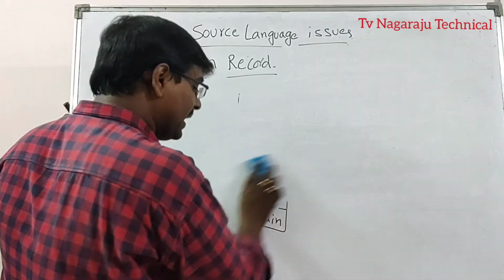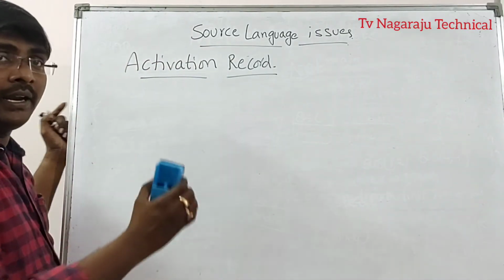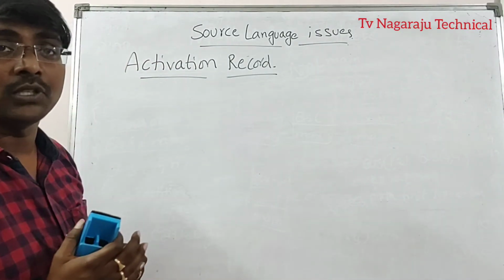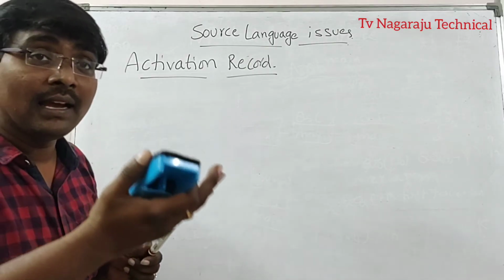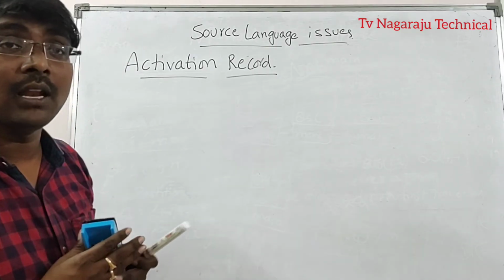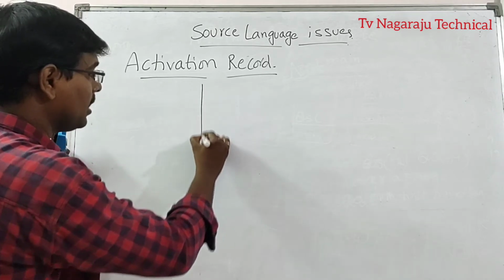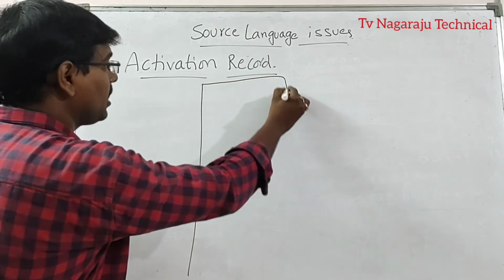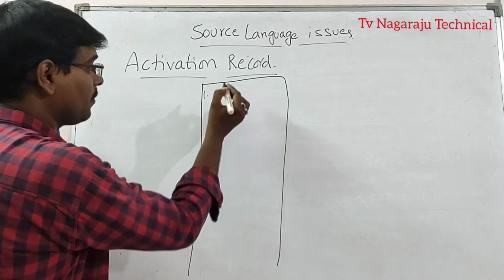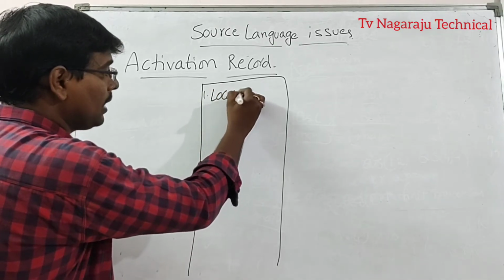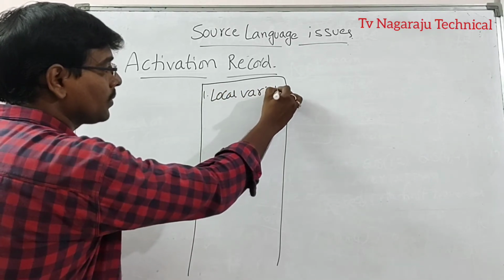Here I said the information needed for execution of a procedure. Now what are the informations that are available? What is the structure of the activation record? So the activation record consists of, the first one, local variables.